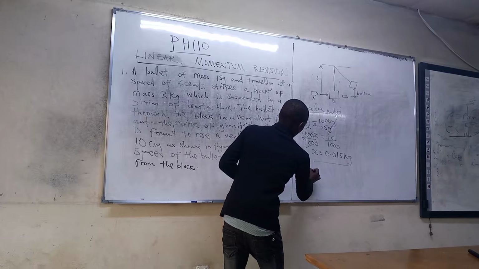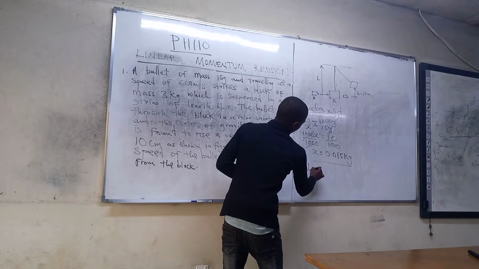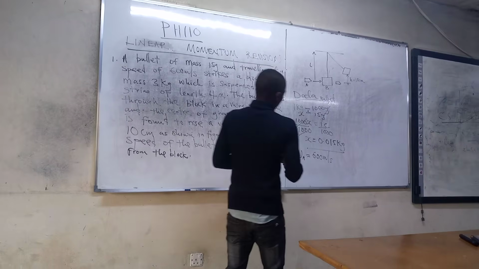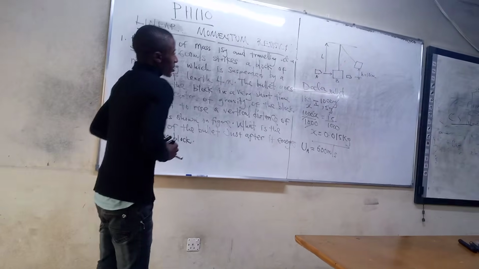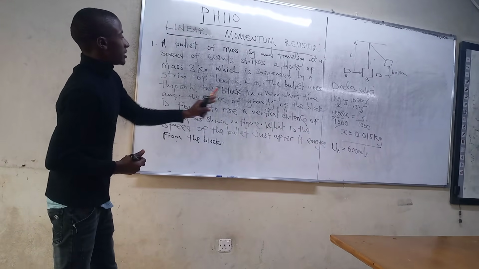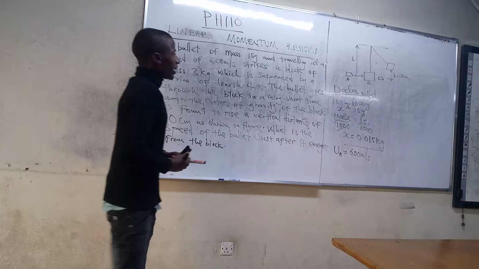So that is the initial velocity of A, which is the bullet, which is 600 meters per second also. So that is the data that was given under the bullet.